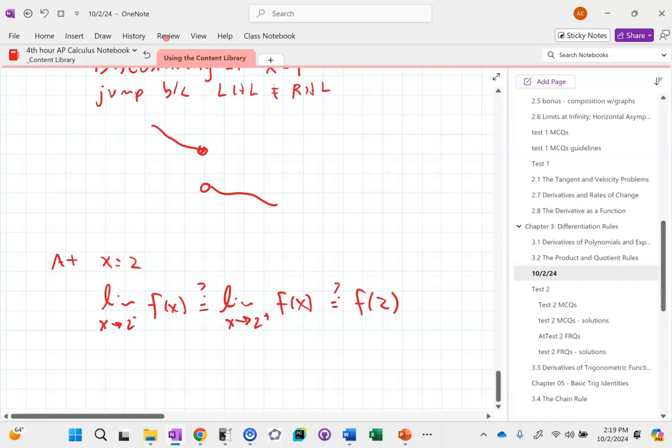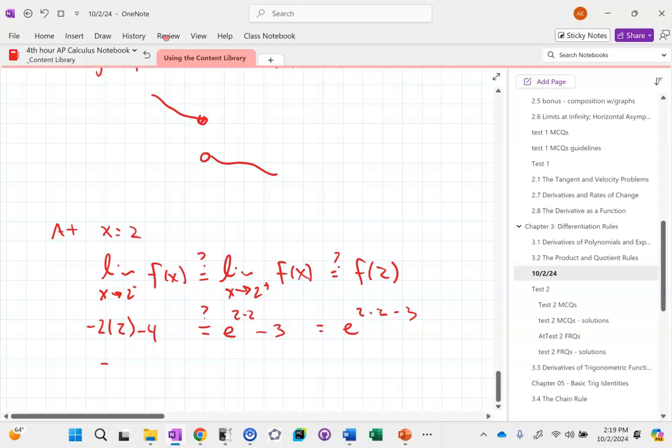From the left it's -2 times 2 minus 4. From the right, that's e to the 2 minus 2, minus 3. And then that's the same thing here.